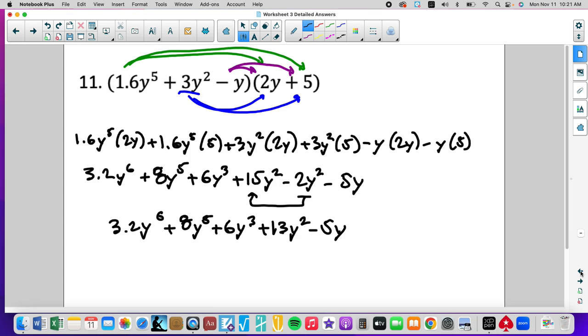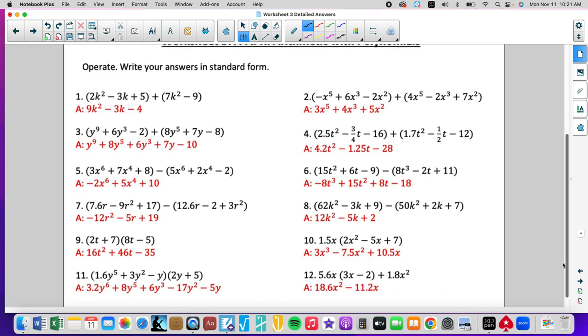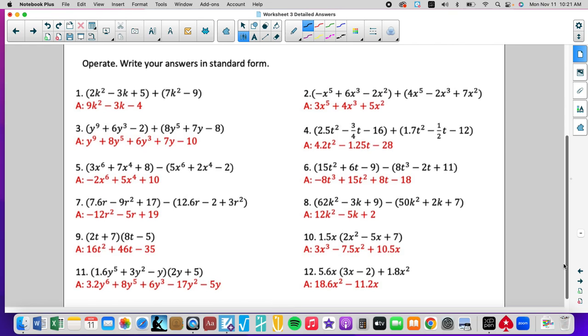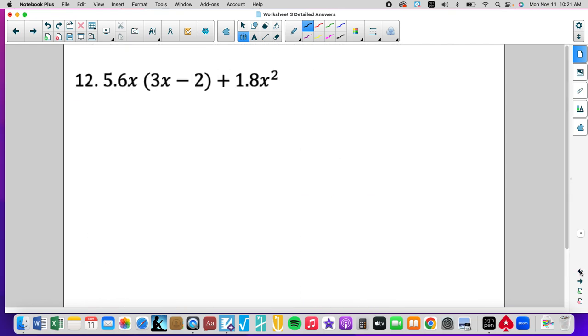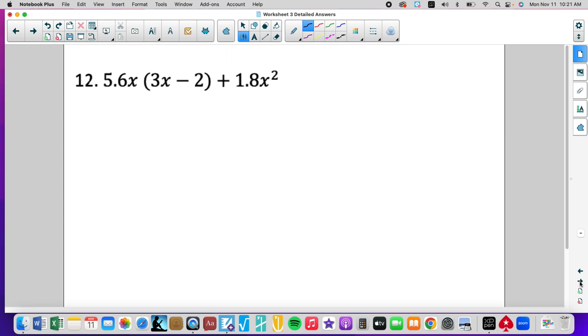I'm pretty sure I did that correct. 15, that's a positive 15. Why would you have a minus? That's definitely minus 5y. I think that's incorrect. Yeah, that's not negative 17. They're incorrect. Minus 5y. Yep, that's my answer is correct. Theirs is wrong. Come on, academic decathlon.